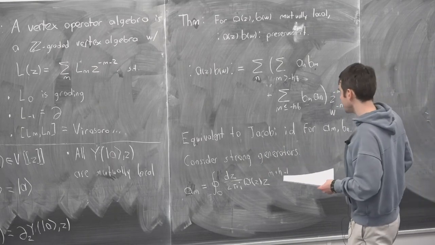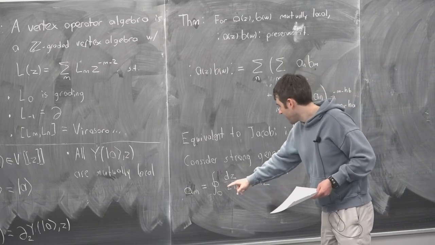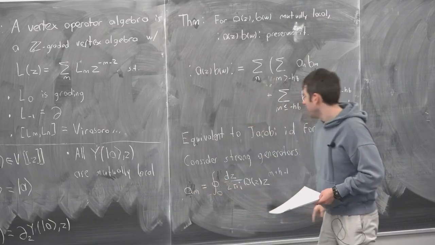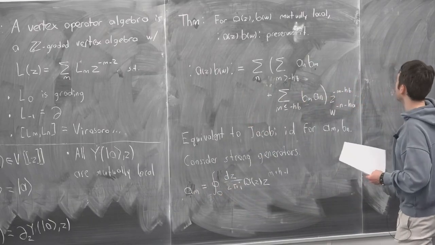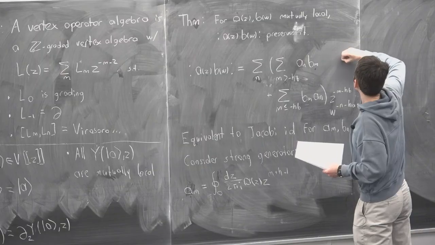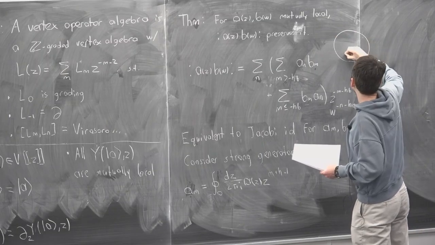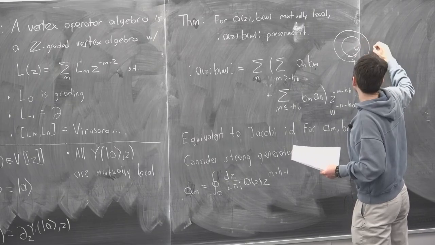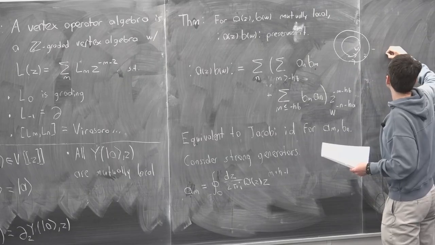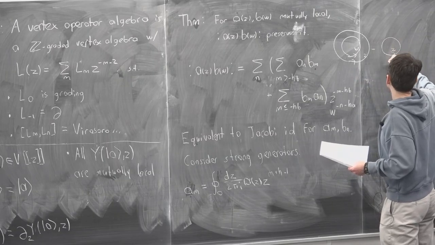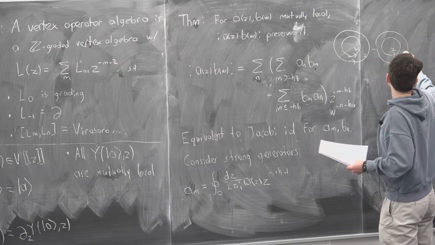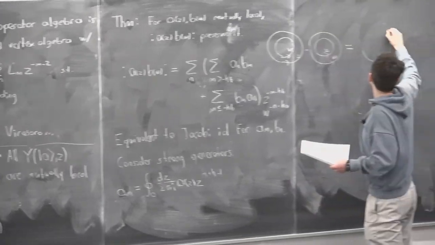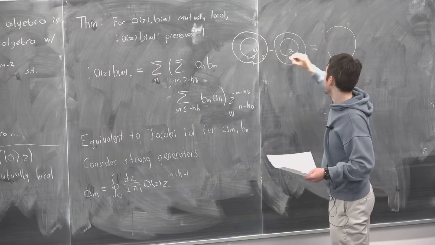So if we have a commutator of 2 modes, that'll be 2 contour integrals. You'll have something like z being outside W minus z being inside W, where they're both around 0.